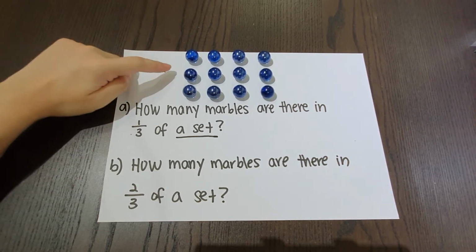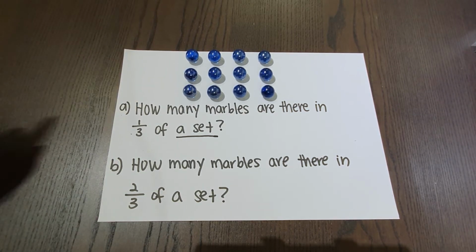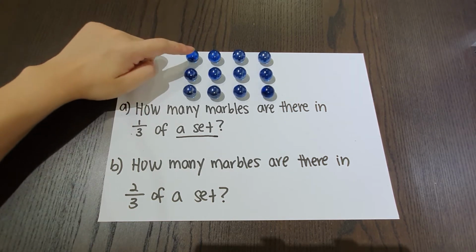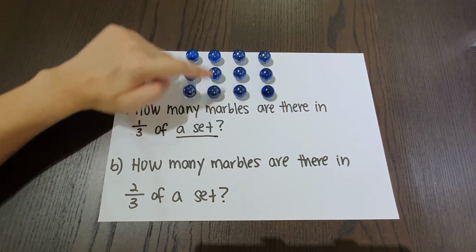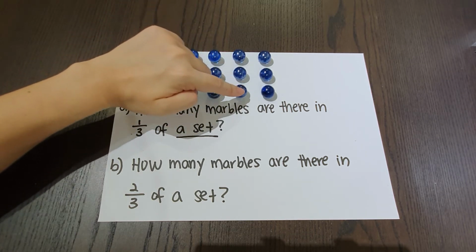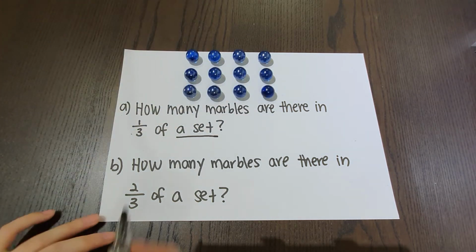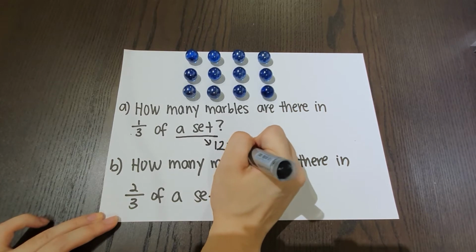In this case, my total items is my marbles. So how many marbles do I have in all? I have 1, 2, 3, 4, 5, 6, 7, 8, 9, 10, 11, 12. So in this set, I am going to have 12 marbles.